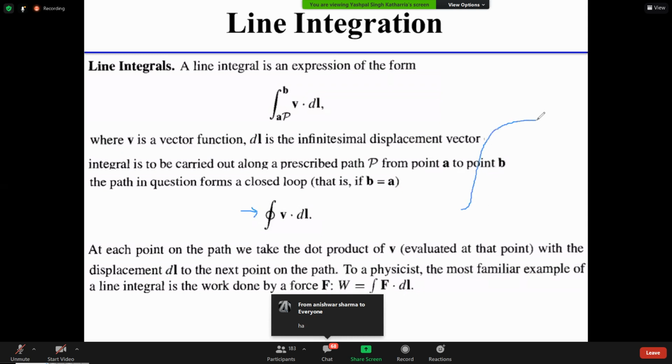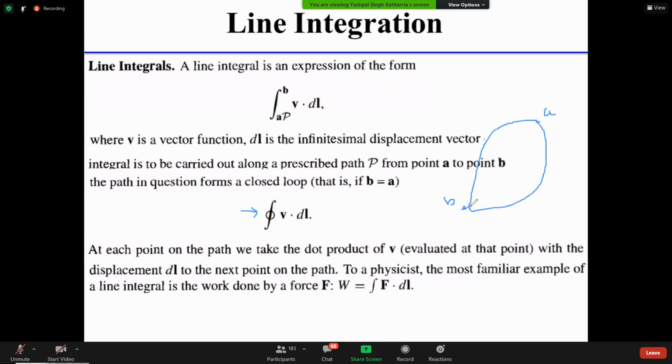So you will have a path like this, A to B, B to A. The line integration is simply represented by the closed loop integral of v dot dl. At each point on this path, we take the dot product of v with the displacement dl to the next point, and the most general example that you know is F dot dl, which is nothing but work.